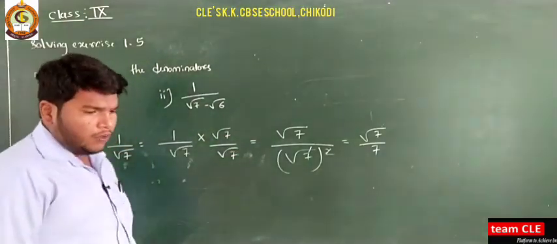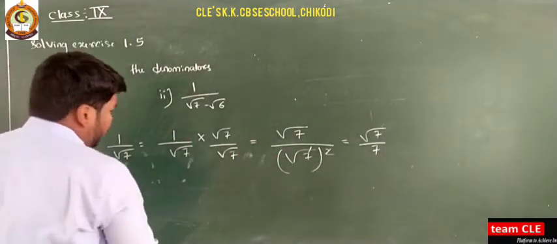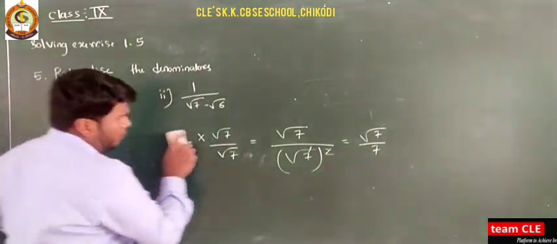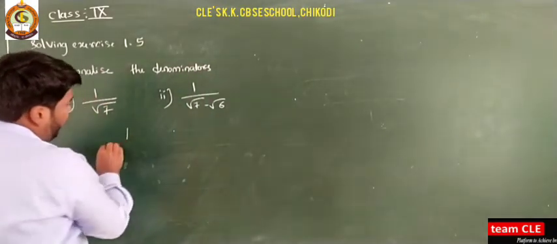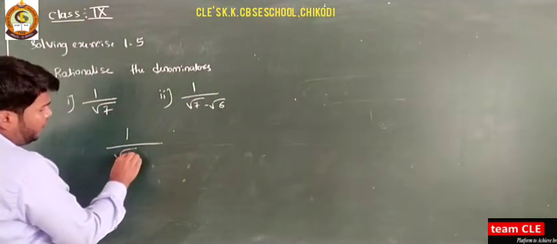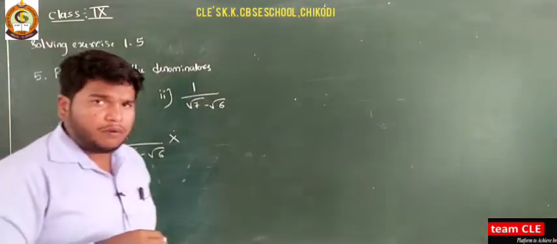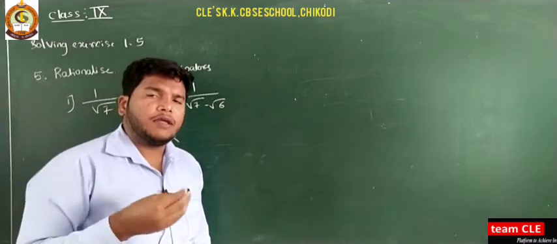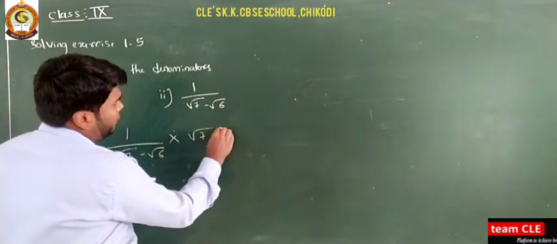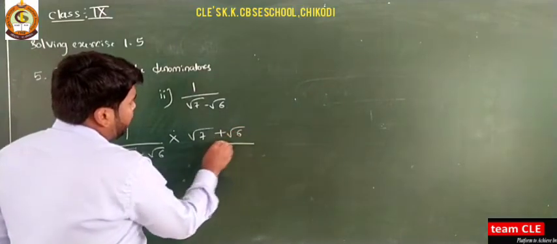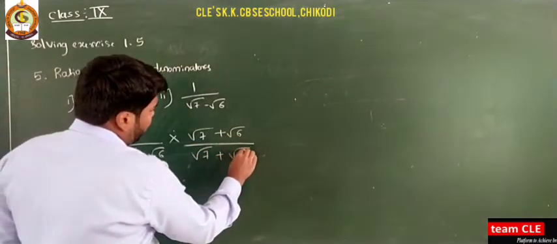Similarly, let's come to one more example, that is the second one. See here, it is 1 divided by root 7 minus root 6, which means I need to rationalize this denominator. So how to rationalize? I multiply and divide by the same expression with the operation changed, that is root 7 plus root 6 divided by root 7 plus root 6.